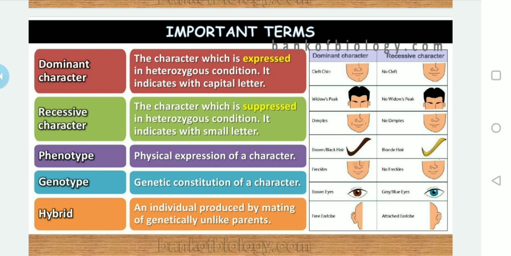So here a free earlobe is dominant. In the case of recessive, we can identify attached earlobes. Okay. So in this chapter we will discuss the pre-lab for the purpose of better understanding, so these are some of the examples given in humans. Okay, fine.